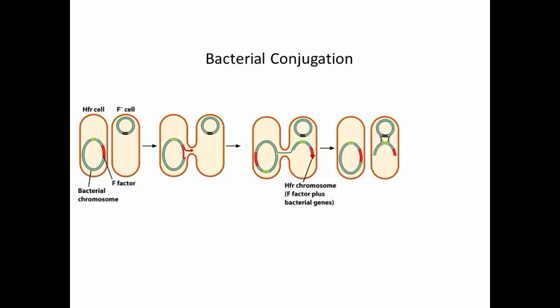And if we remember then the regions of homology between the two bacterial chromosomes, one in the F- cell and one in the HFR cell, they share regions of homology, which promotes and allows for crossing over or exchange between the complete genome of the F- cell, called the endogenote, and the partial genome that was transferred over through conjugation, called the exogenote.